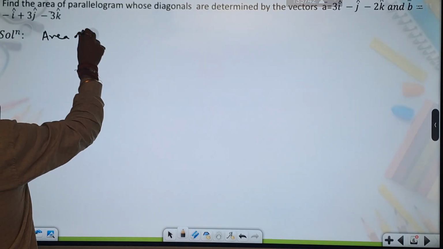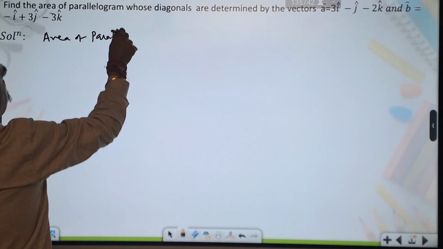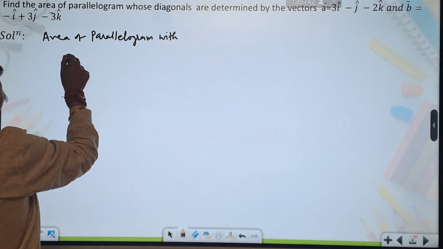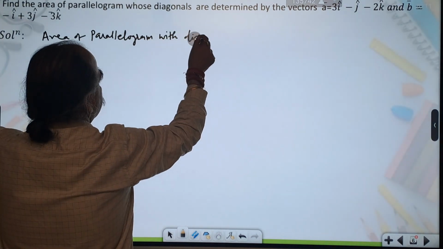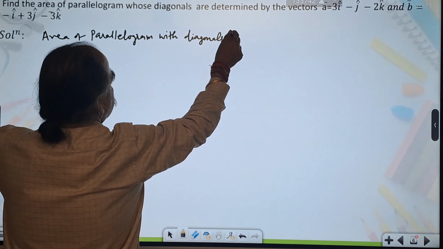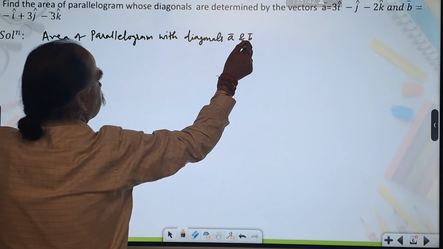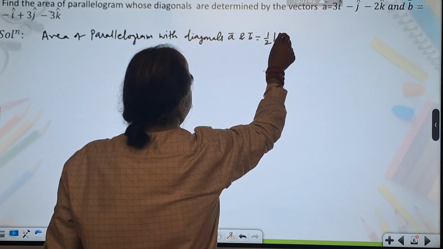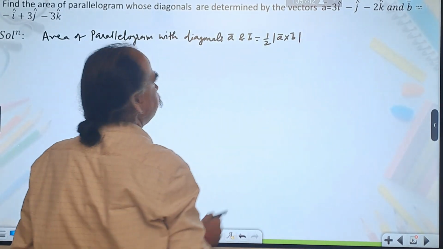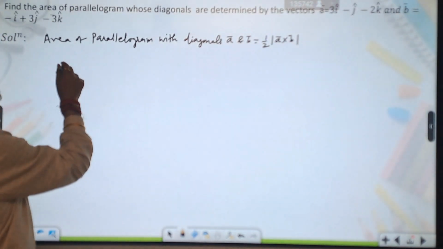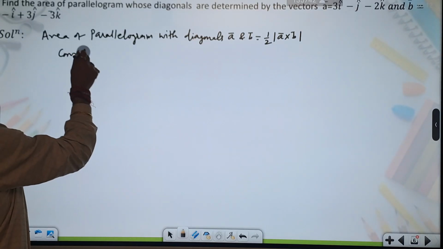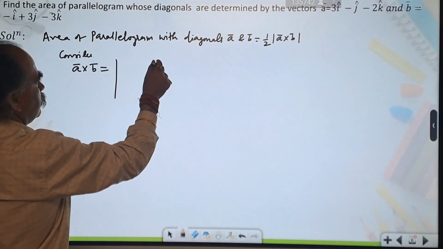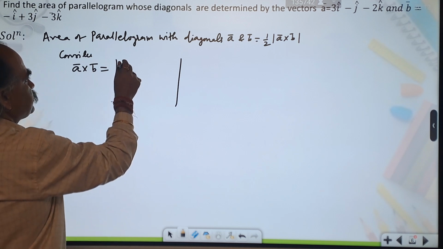Area of parallelogram with diagonals A bar and B bar is equal to half mod A cross B. Consider A bar cross B bar, determinant IJK.